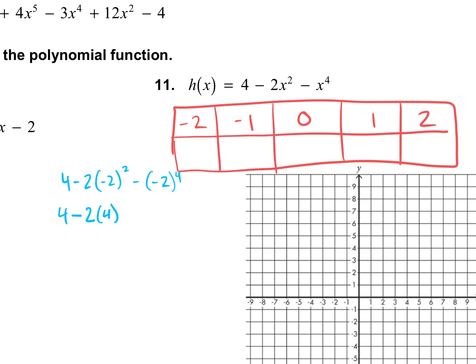And what's -2 to the 4th power? It'd be positive 16. Well, the minus out front makes it a -16. So we have 4 minus 8 minus 16. 4 minus 8 is -4. And then -4 minus 16 would be -20.